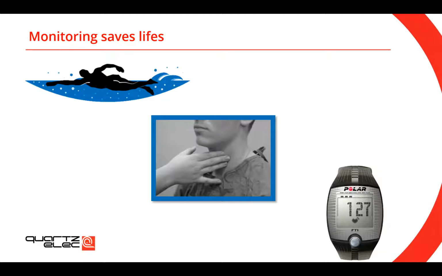So when Marcin finished the race, he put the chest strap on and we were looking at the watch, and the pulses were 190, 170, 50, and at some point we noticed that his pulse was jumping up and down. So obviously we started to worry.